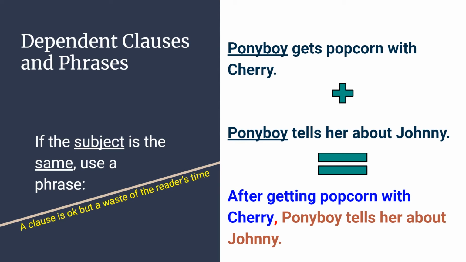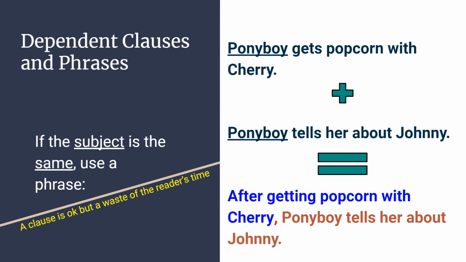I could take that first one, getting popcorn with cherry, the one with Ponyboy, and I could turn that into a dependent clause by going, after getting popcorn with cherry. Well, it's more like a dependent clause here. Sorry, if I said, after Ponyboy gets popcorn with cherry, that would be more like a dependent clause. I've gotten ahead of myself. So, after Ponyboy gets popcorn with cherry, he tells her about Johnny. And that's fine, both of those have a subject and a verb in them.